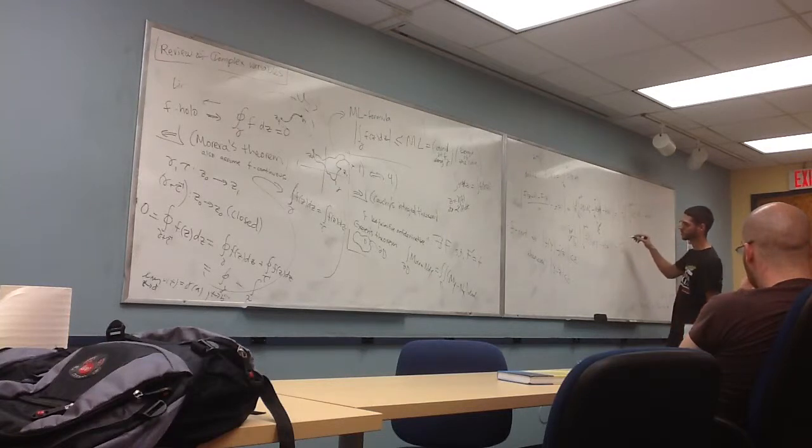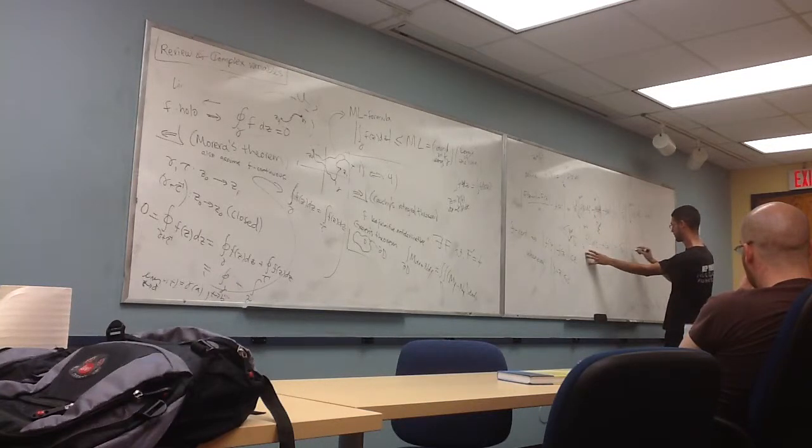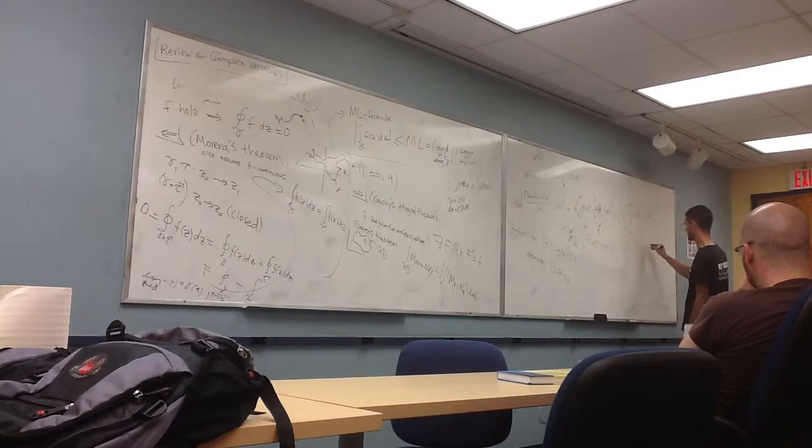So wait, I bounded that. This is less than or equal to 1 over the absolute value of h times the integral from z to z plus h of the absolute value of f(zeta) minus f(z) d zeta.